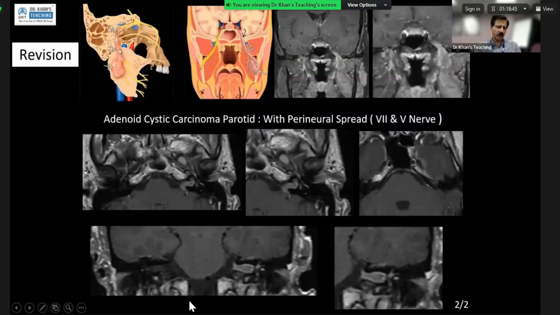And the concept is, if you see this diagram, that it goes through the facial nerve all the way intracranially, and it is the same concept as the previous case. So it is going here, and you can see that there is enhancement here, and it passes through the foramen ovale also. So again, the same concept, which can be checked in the exam.